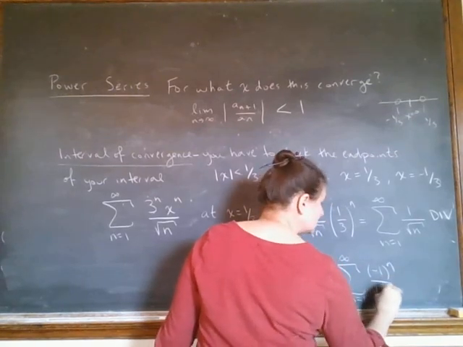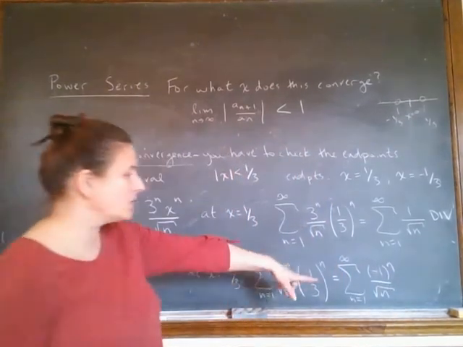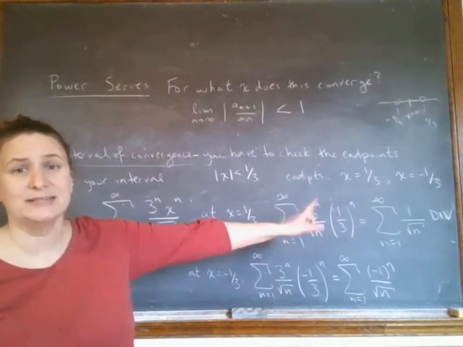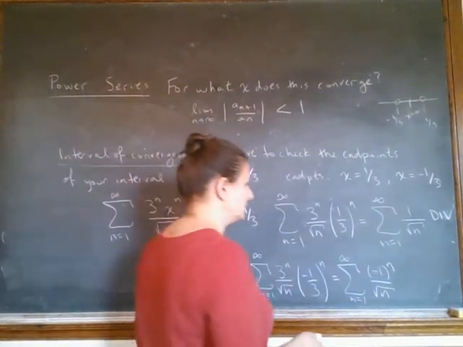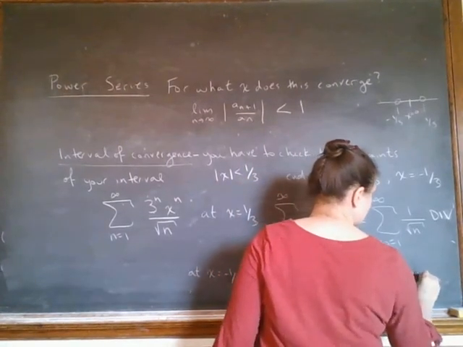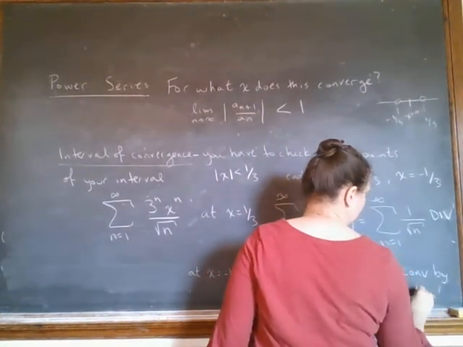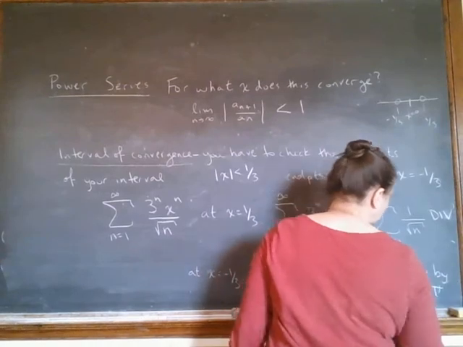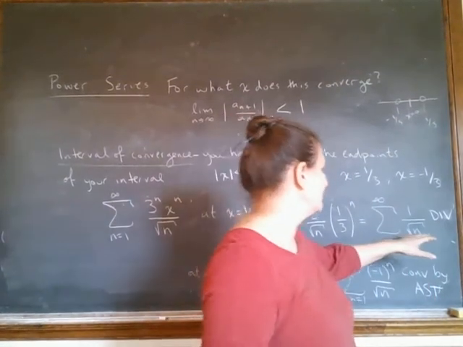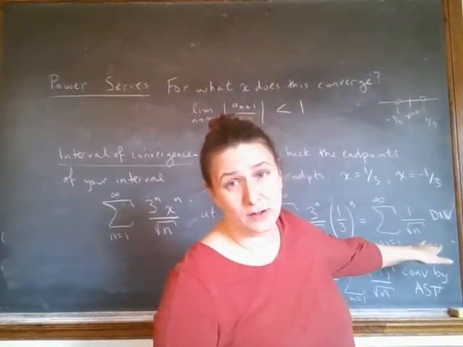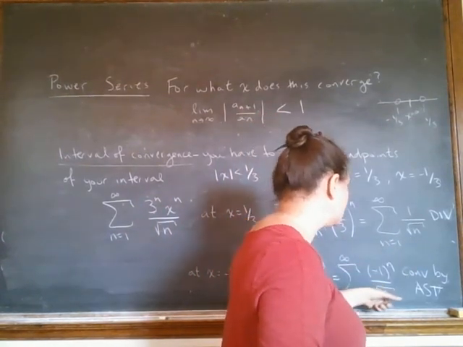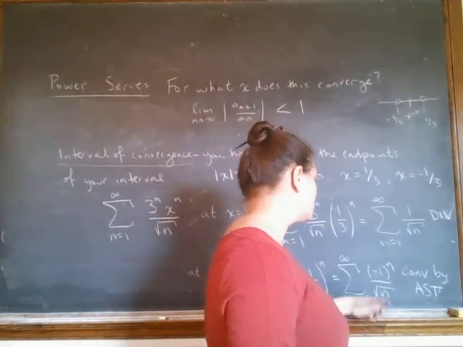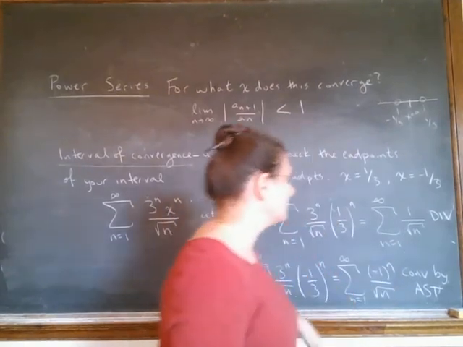Now look at this. This is an alternating series, and we did this alternating series. We showed that this converges by the alternating series test. We showed the other diverges because of the p-series, p less than 1. This one converges by the alternating series test because this 1 over n does the right thing.